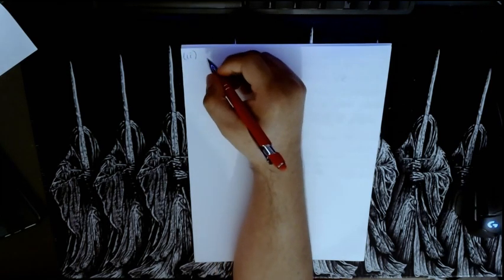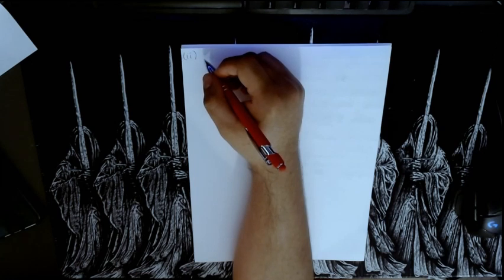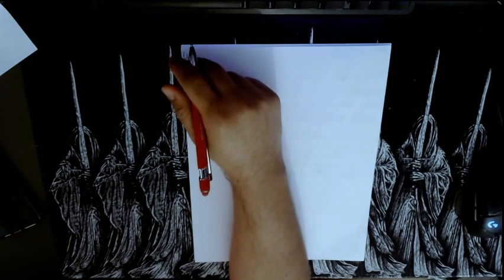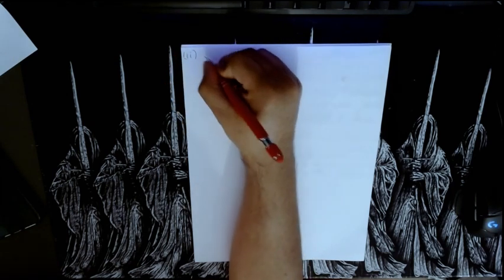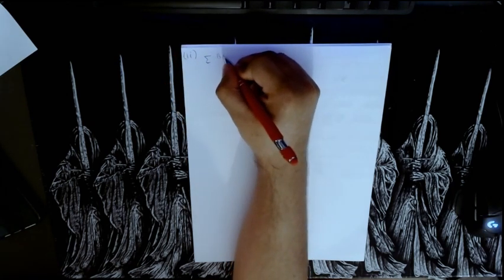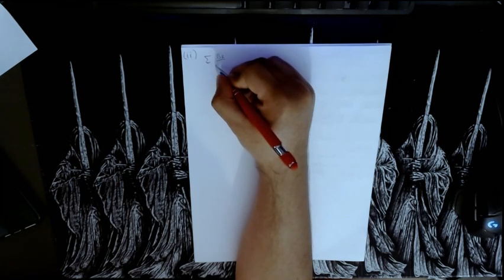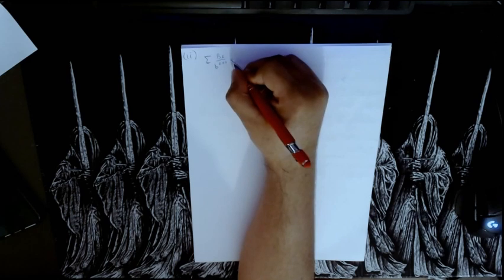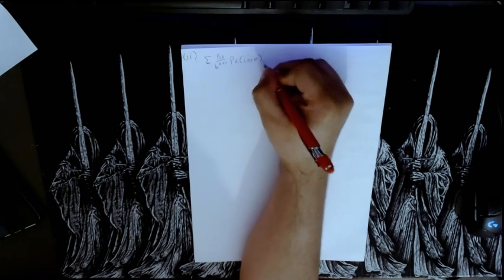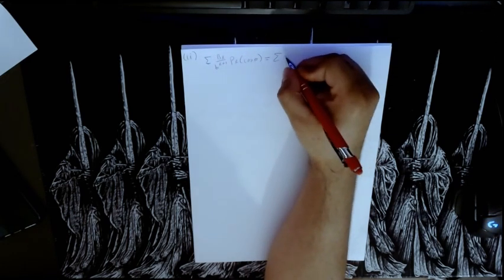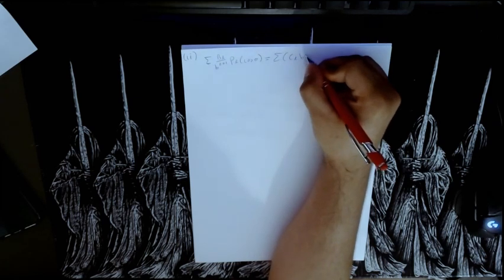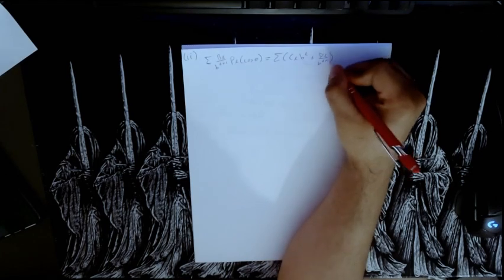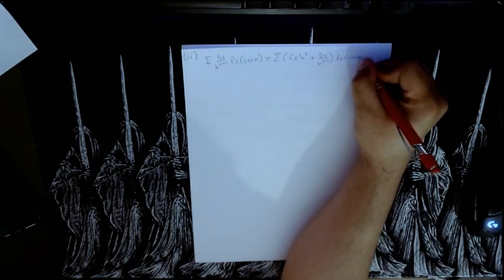By working through the second boundary condition, since V is continuous at B, I can set this equation here. At R equal to B, it's going to equal C sub L B to the L plus D sub L over B to the L plus 1, times P sub L of cosine theta.